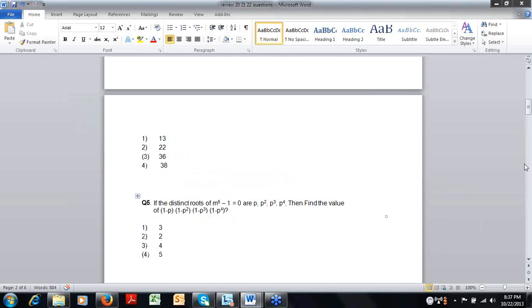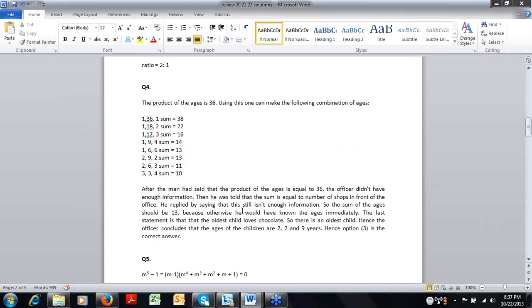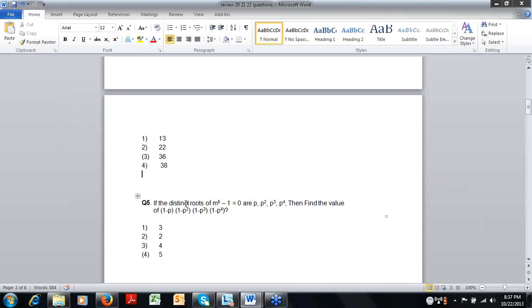Okay, the next question. If the distinct roots of m to the power 5 minus 1 is equal to 0 are p, p square, p cube and p to the power 4, then find the value of 1 minus p, 1 minus p square, 1 minus p cube and 1 minus p to the power 4.